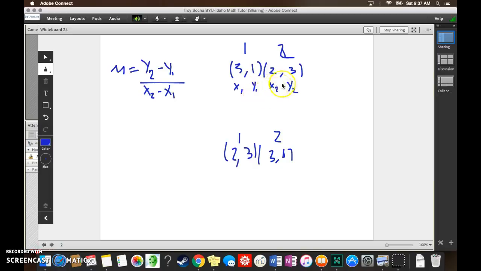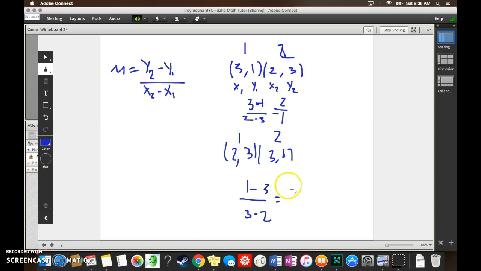So like this one would be 3 minus 1 over 2 minus 3. And this one would be 1 minus 3 over 3 minus 2. Which equals 2 over negative 1.